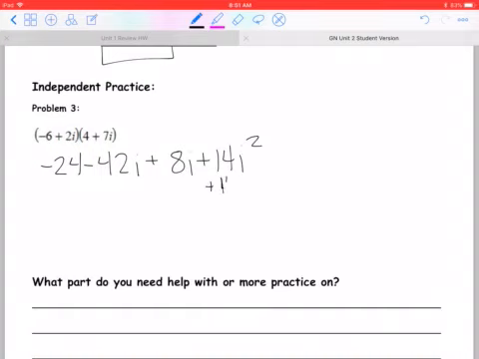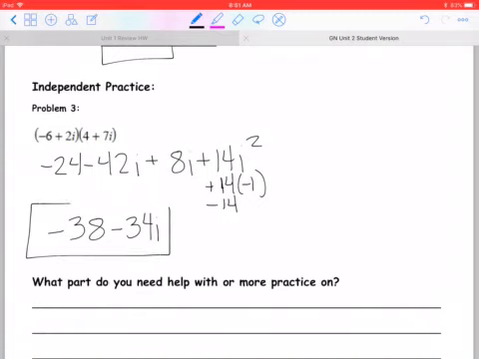That becomes a 14 times -1, which is -14. So your final answer should be -38 take away 34i. And that's it.